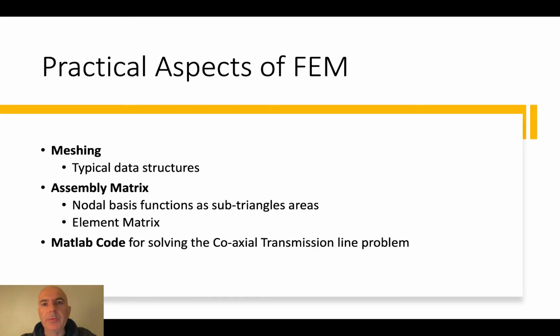In the previous lecture, we looked at a practical aspect of FEM, that is meshing. So we are going to start again to look at how we can do meshing, how we can read mesh information in MATLAB. What I want to describe are basically the typical data structures used for meshing, and then I'm going to spend some time also on how to assemble the global matrix.